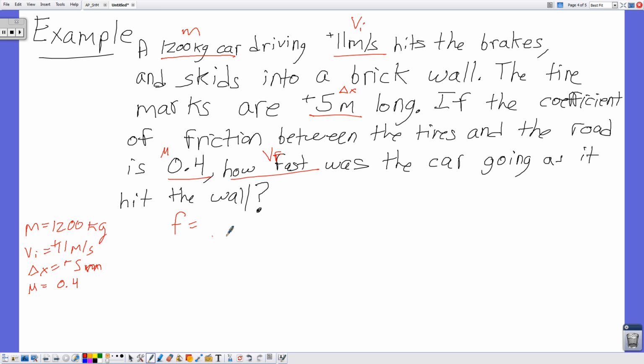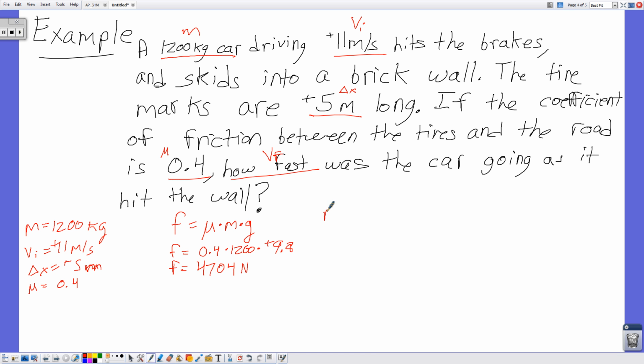Alright, well, if I look at my notes, I realize that I can figure this out, because I know the friction force. The friction force is going to be mu times m times g. The friction force is going to be 0.4 times 1200 times positive, remember why, 9.8. That equals 4,704 newtons.